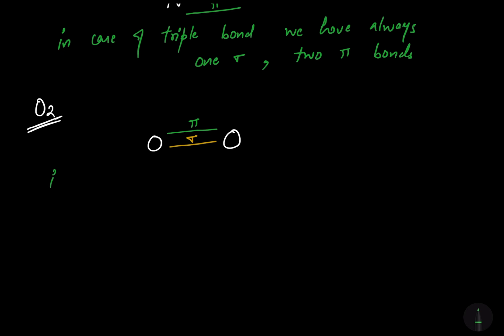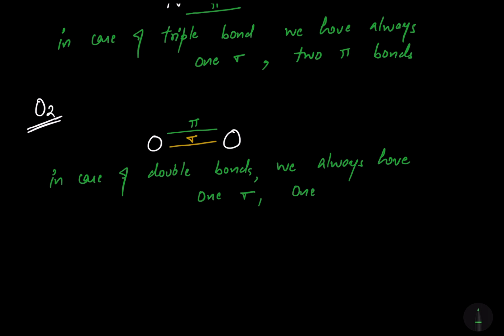I'm writing, in case of double bonds, we always have one sigma and one pi bond.